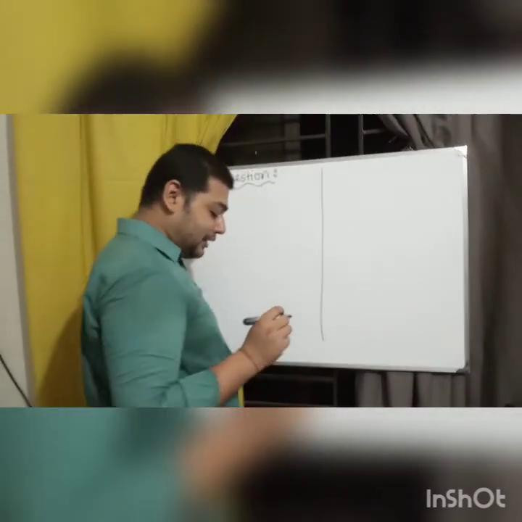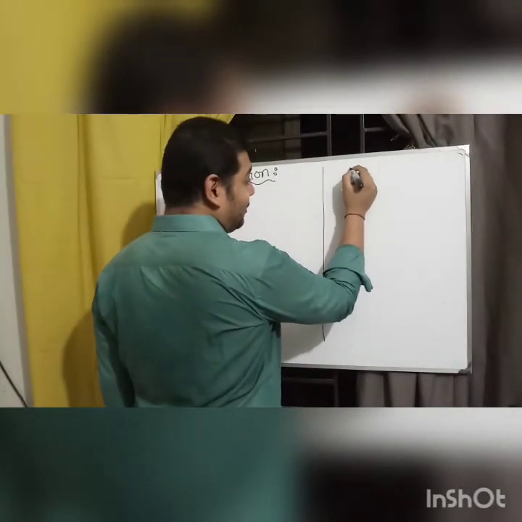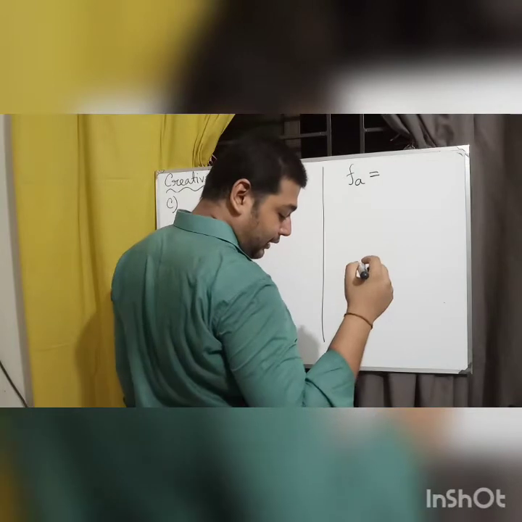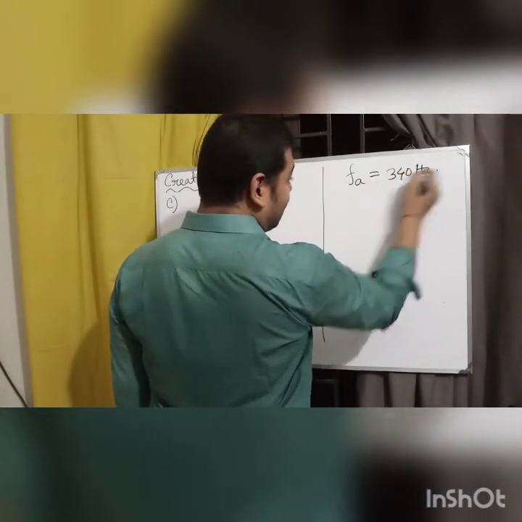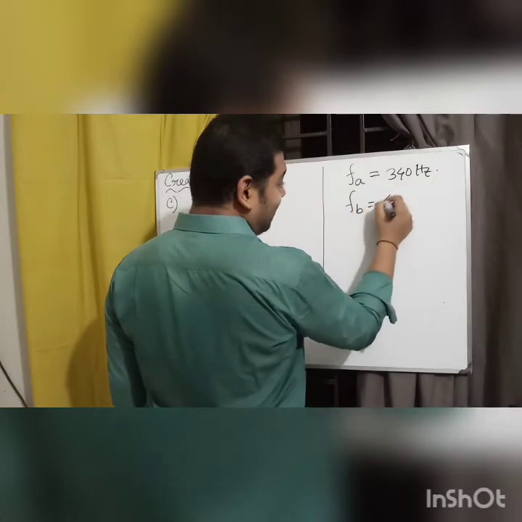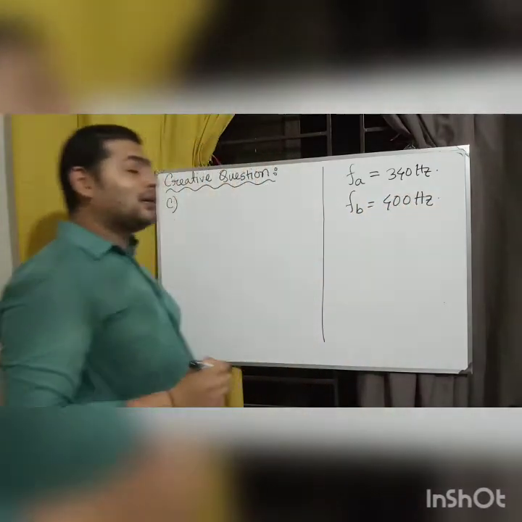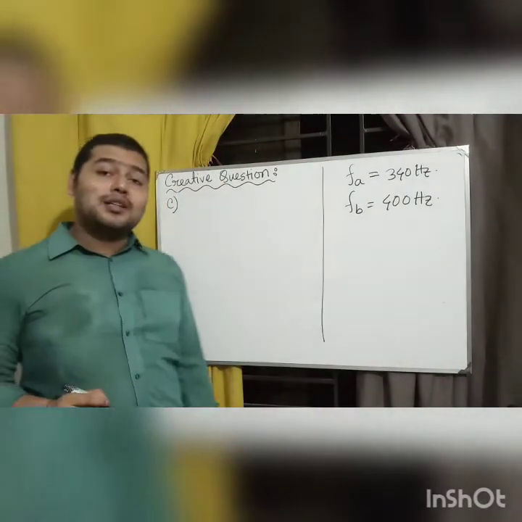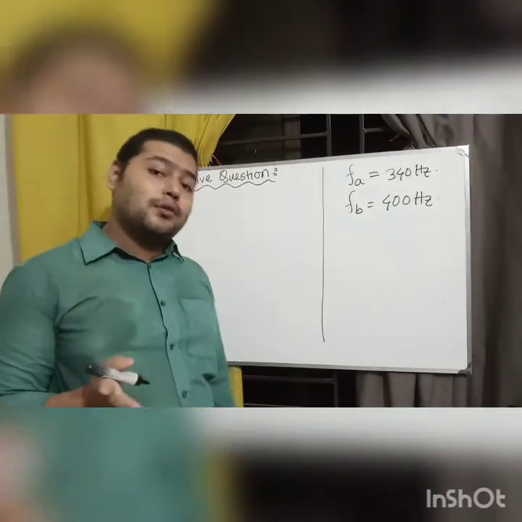The frequency of A, F, is given as 340 Hz, and that of B is given as 400 Hz. Here a difference between wavelengths is given, but it does not mention the difference of what from what.